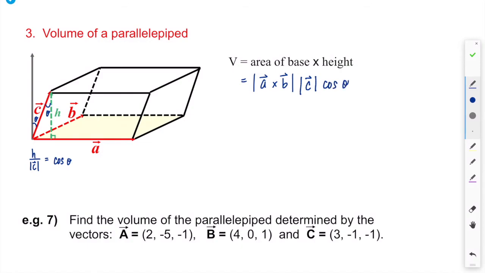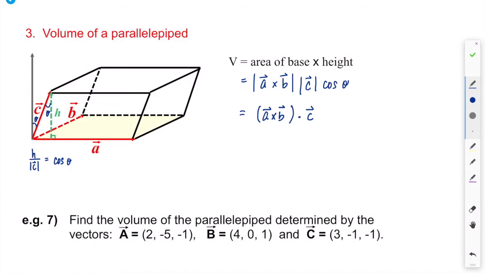A cross B is a vector itself, right? So the magnitude of a vector times the magnitude of another vector, cosine theta, is a dot product. Okay. So as you can see, well, the dot product could be negative, but I don't think so.